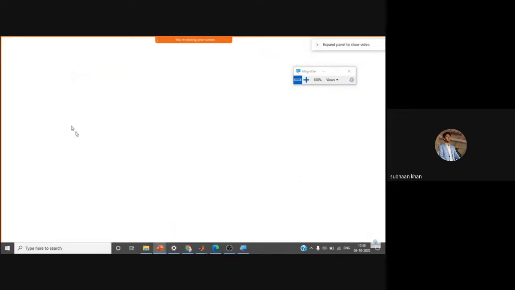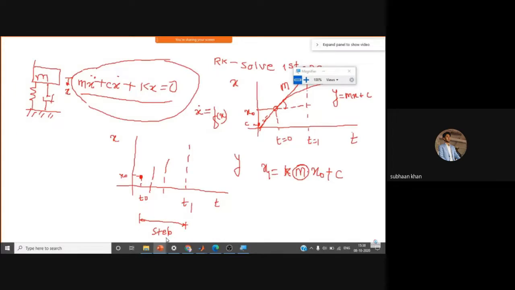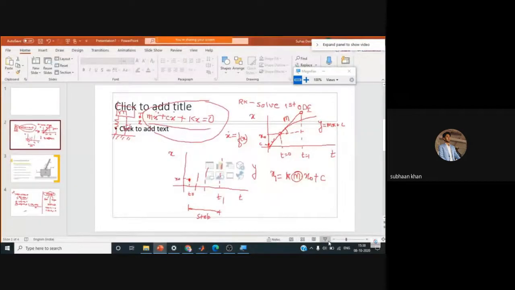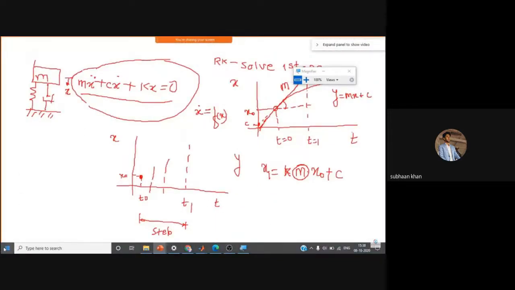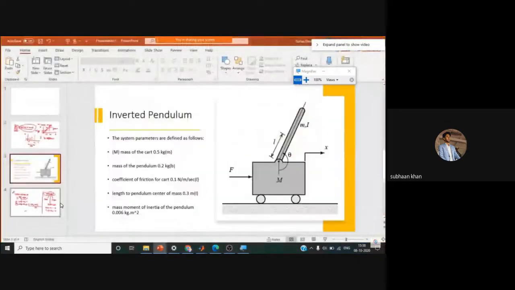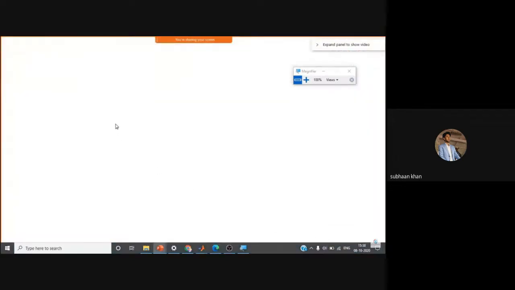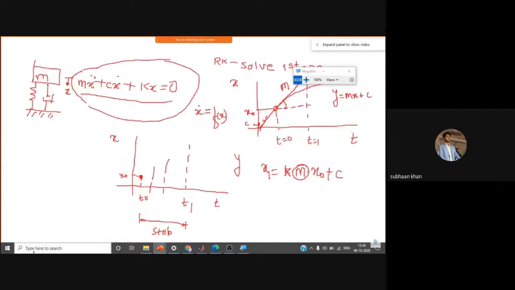Truncation error is this: when we take the first step, this much amount of error is there.